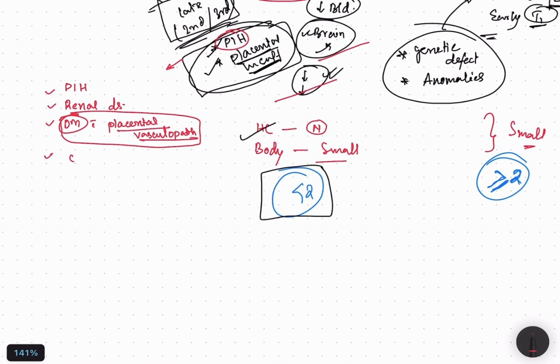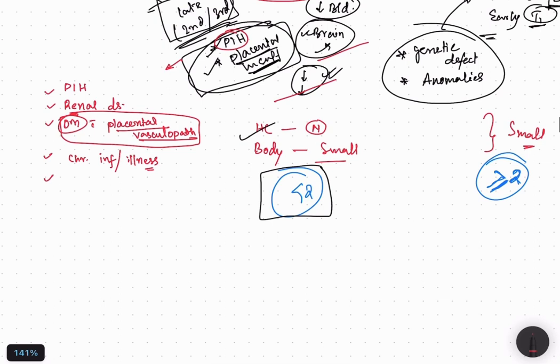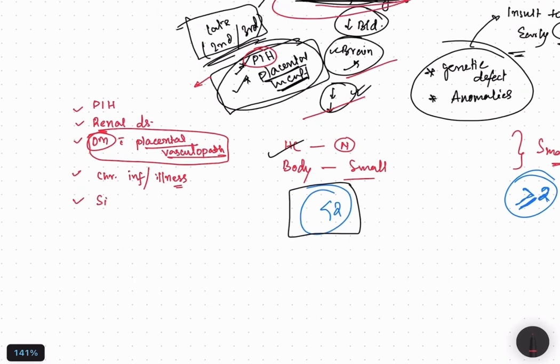Next, any chronic infection or chronic illness of the mother. Next is sickle cell anemia, that is important. And maternal alcohol intake and cigarette smoking.